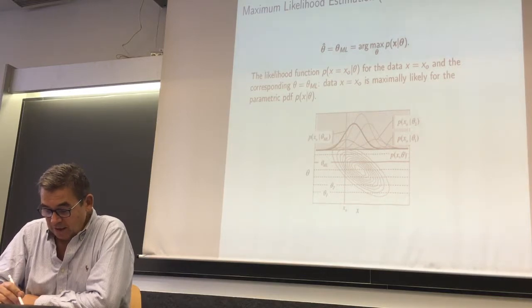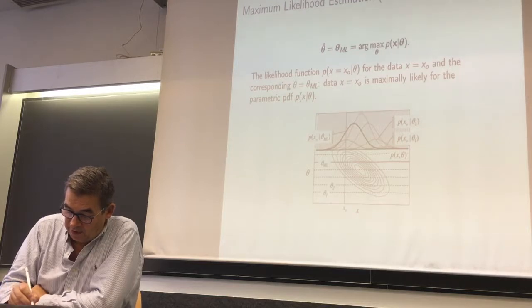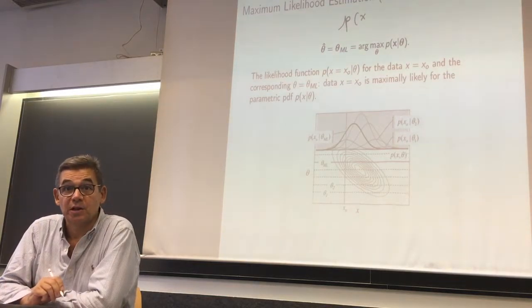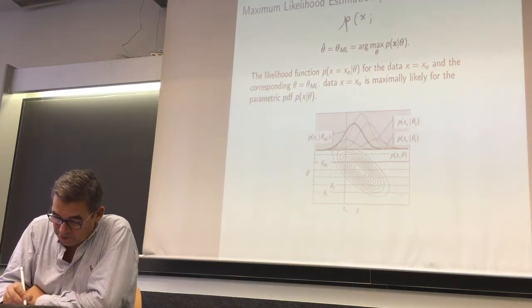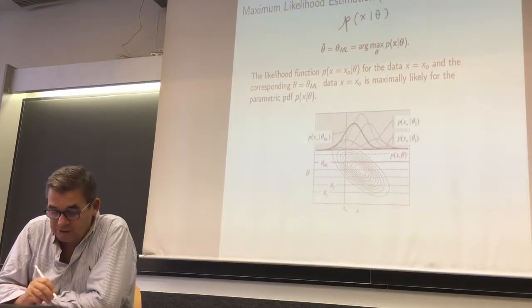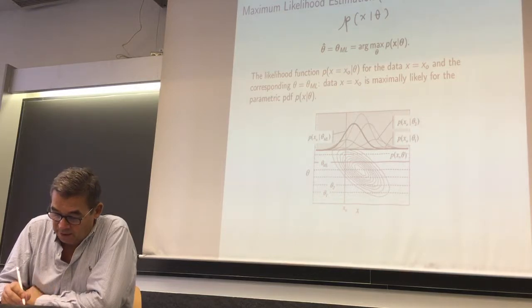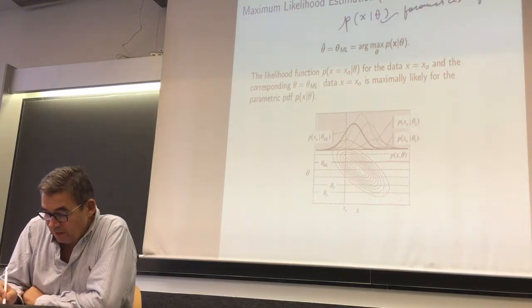So I need to write the probability density function of my observation, and this probability density function is parametric on the set of parameters that I want to find. So this set of parameters are the parameters of the PDF.